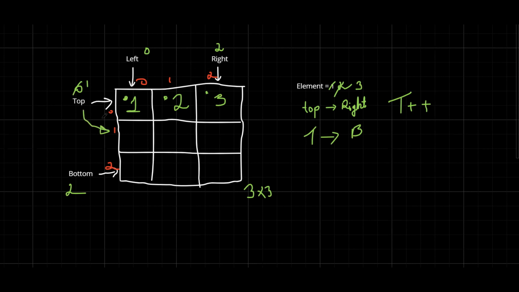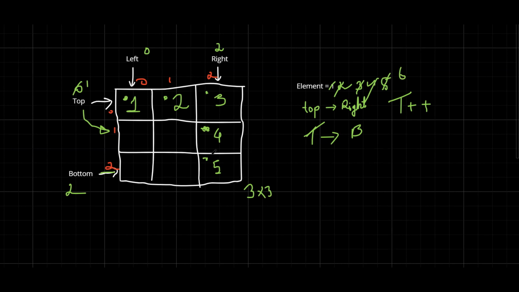As top is pointing to this position, we run a for loop from top to bottom. Now, bottom is pointing to this position. So here, now we are at this position and we have to add 4 here. Now we are at this position, then we have to add 5 here. After that, the value of the element will be 6.